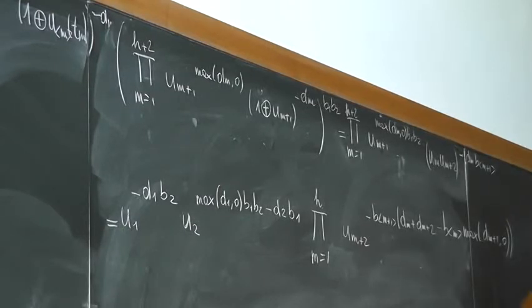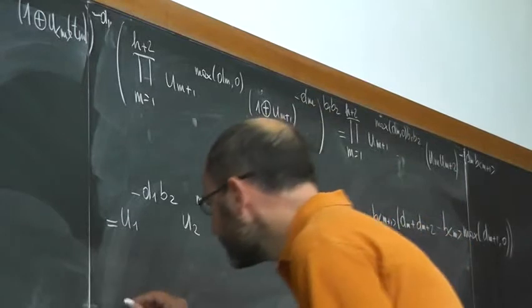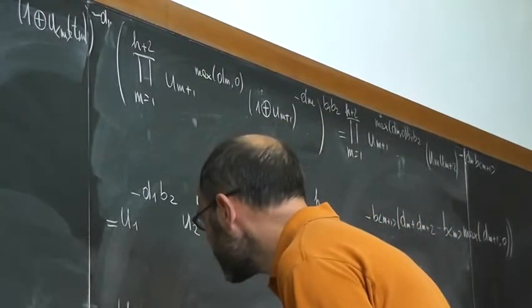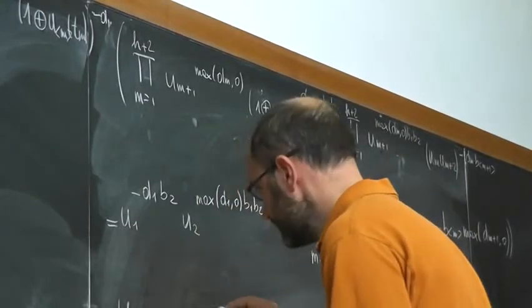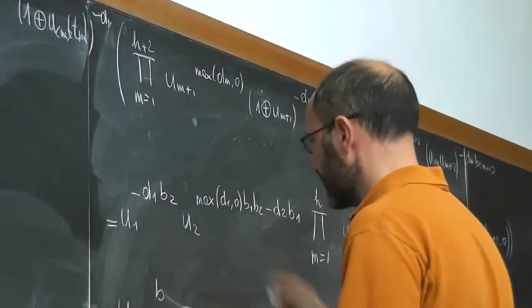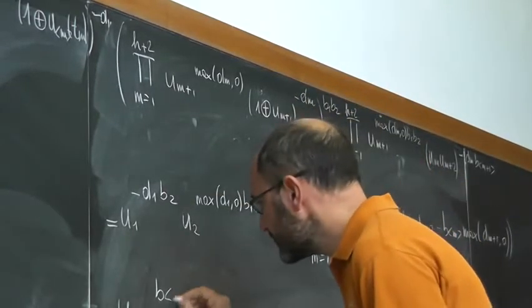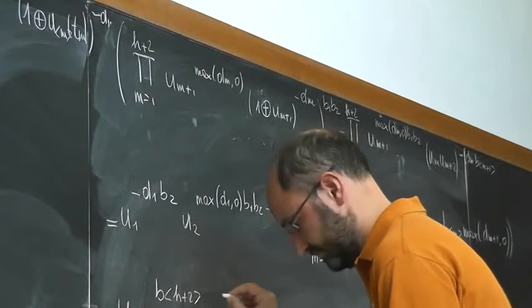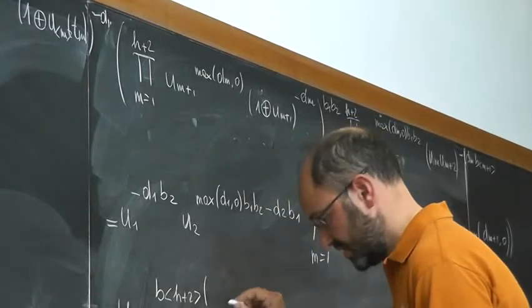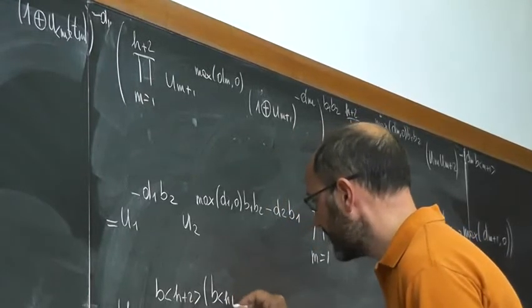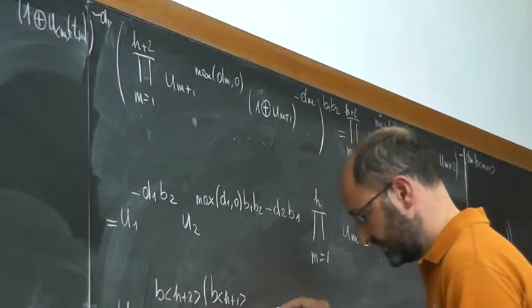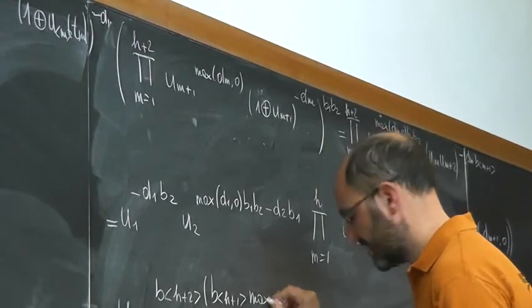Then we have the last two elements, which are h plus 3. This is similar to the case of u1 and u2. This is h plus 2 times h plus 1 maximum.